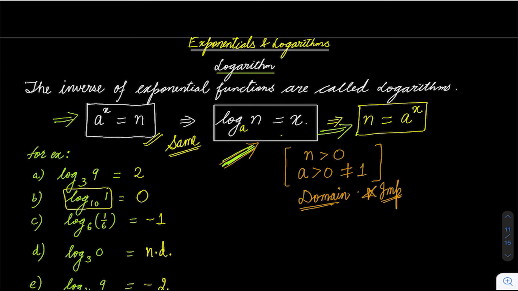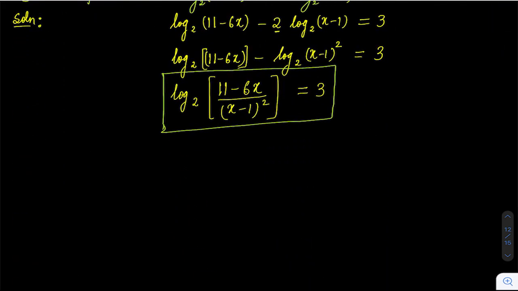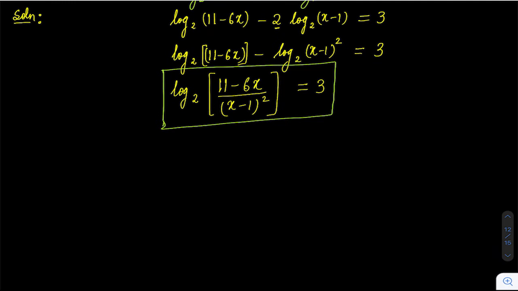How I remember it is, just bring a to the right side, x becomes the exponent, then a power x equals n. So the same thing I am going to do here. This is my logarithmic equation. I am going to convert this into exponential. So this number is equal to (11 minus 6x) over (x minus 1) whole square. I will bring this 2 to the right side. It means this 3 will become the exponent of 2.